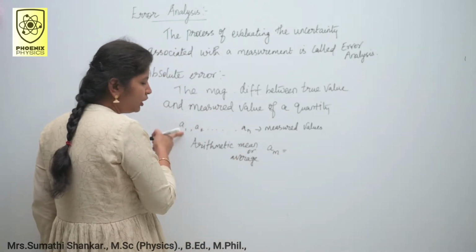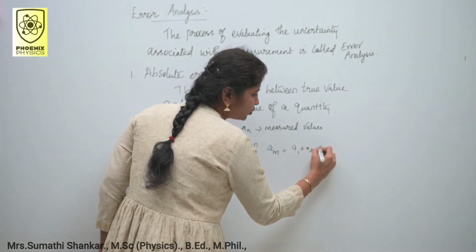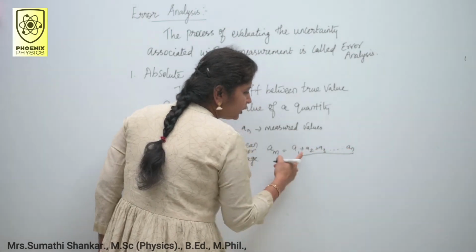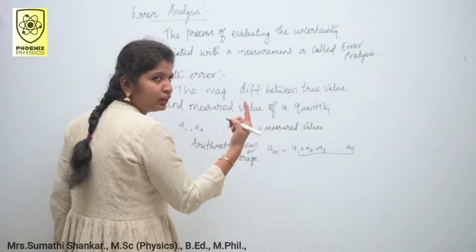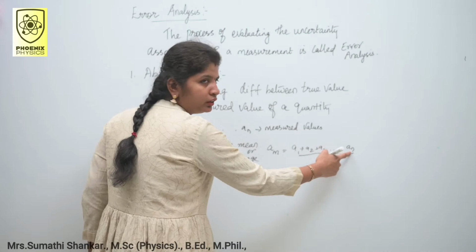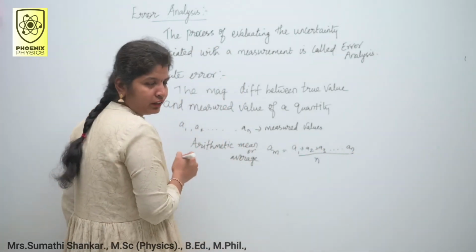Here these are all our measured values. So A1 plus A2 plus A3 up to AN and divide by the number of readings. Here I have taken the values up to N, so I am dividing all these values by N.